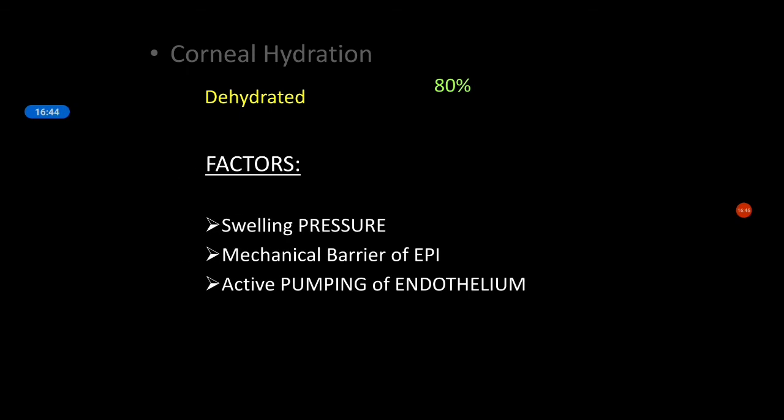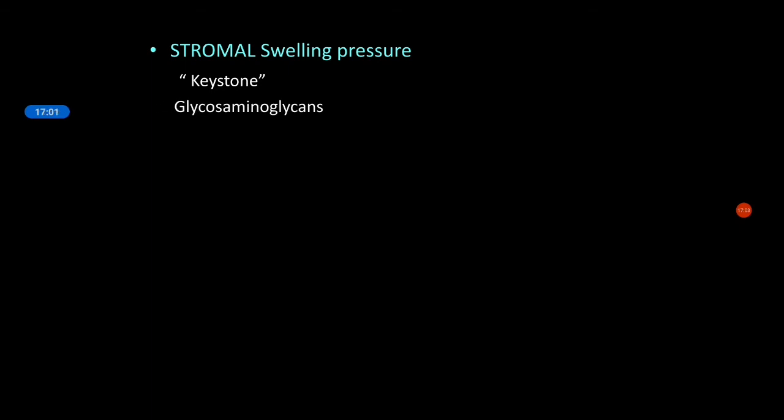And the certain factors which help in the dehydration are the swelling pressures, the mechanical barrier that is formed by the epithelium, and the active pumping mechanism of the endothelium. The stromal swelling pressure is actually the keystone in maintaining the transparency of the corneal stroma, and the glycosaminoglycans are the mucopolysaccharides which are present, and the stromal swelling pressure is around 60 millimeters of mercury.